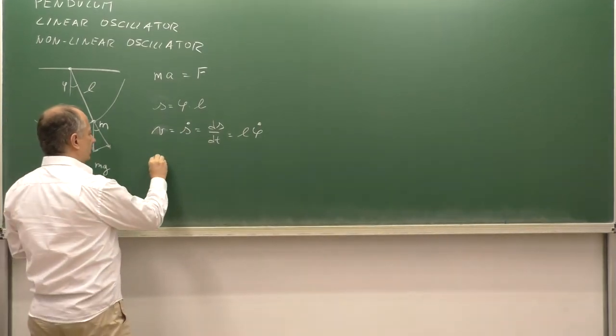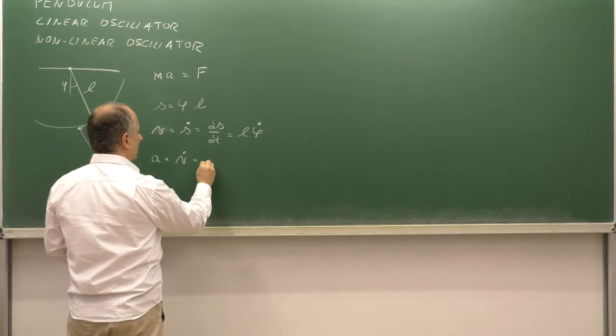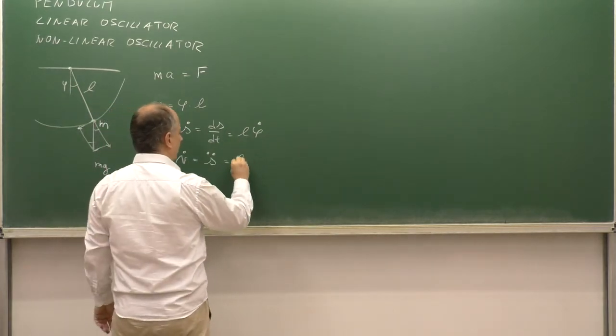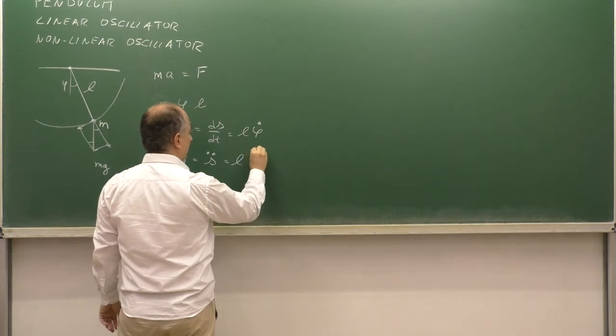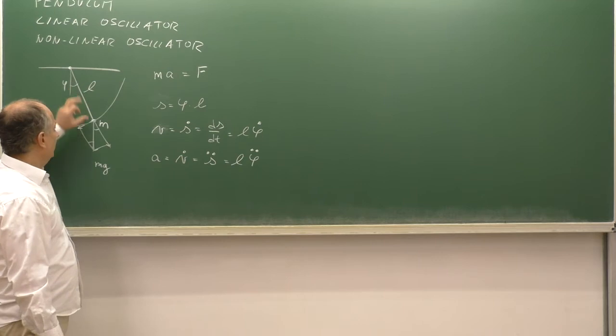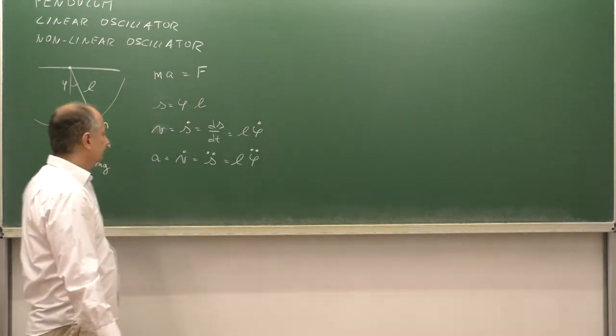And the acceleration a is the derivative of the velocity, which is the second derivative of s, which is L times the second derivative of phi. We assume L is constant and phi is a function of time.